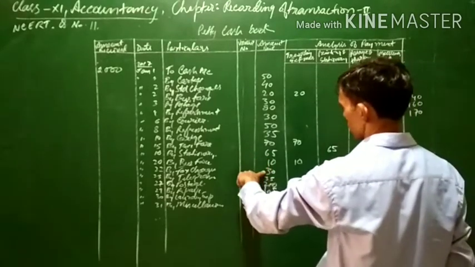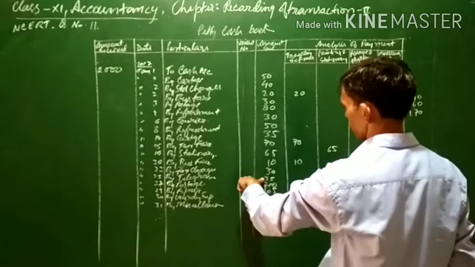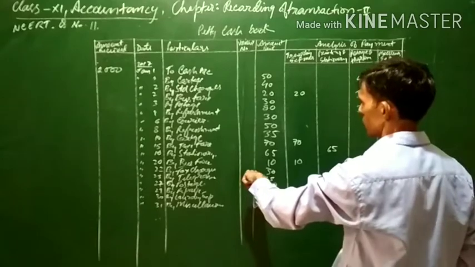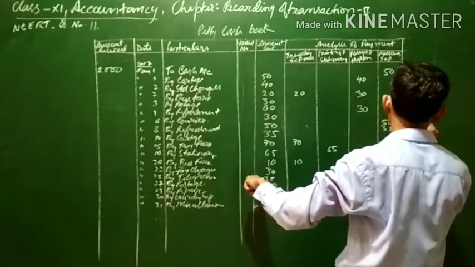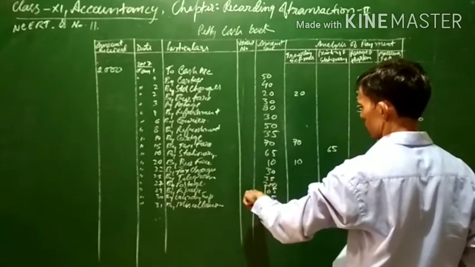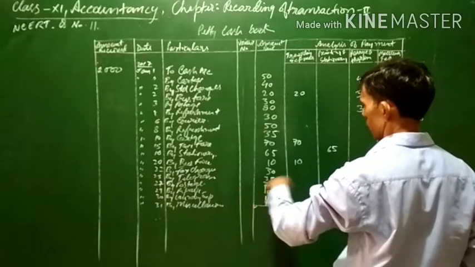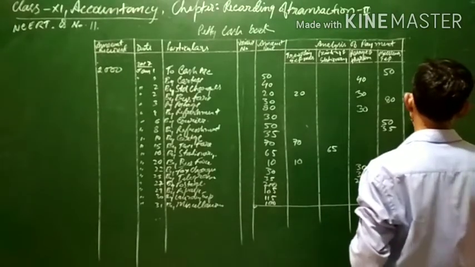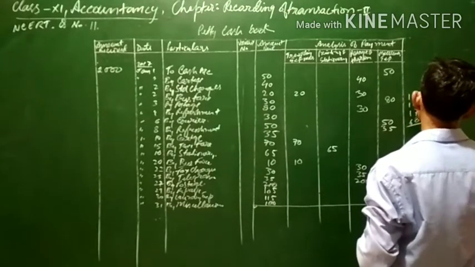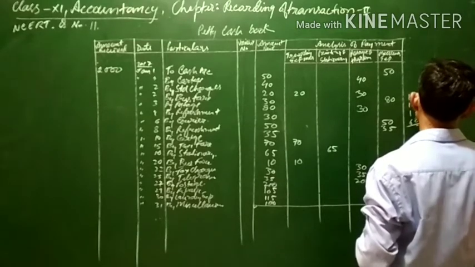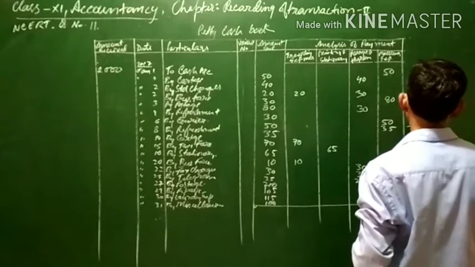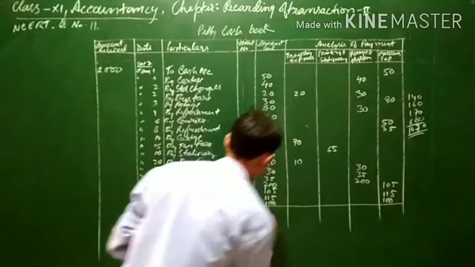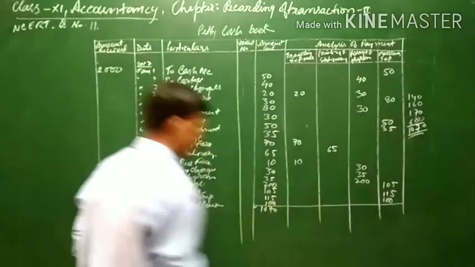Now 10 plus 30 plus 40 plus 35, 40, 70 plus 5 is 80. 200, 300, 400, 500, 520. Now you can say it is 600 also. 1070 is the total expenses.